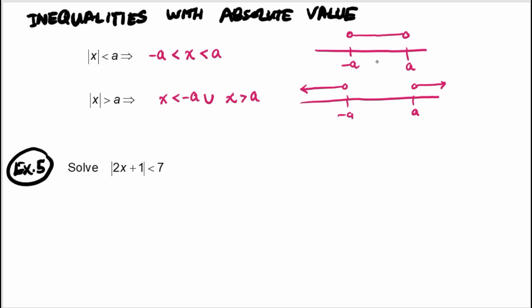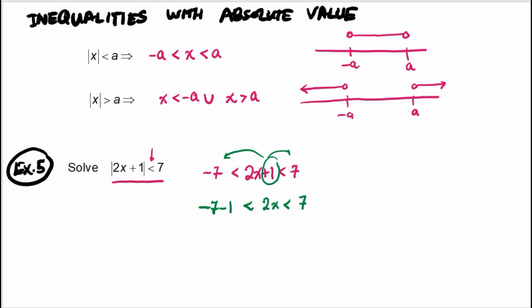Now we need to solve this inequality, so we use this theorem. When we have this less than, it can be written as 2x plus 1 is between negative 7 and 7, because they are both values on the left and right, so we can solve simultaneously. If you want to break it down, that is also okay. Now I bring the positive 1 to the left and right sides, so I have negative 7 minus 1 less than 2x, which is less than 7 minus 1.